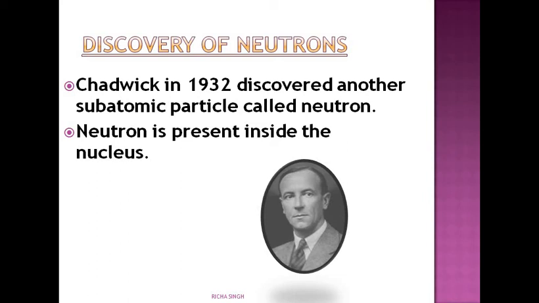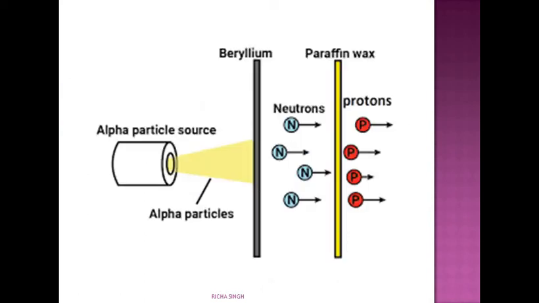He bombarded a thin sheet of beryllium with alpha particles, and observed highly penetrating rays consisting of neutral particles. He named these particles neutrons because of their neutral nature. They did not have any charge.